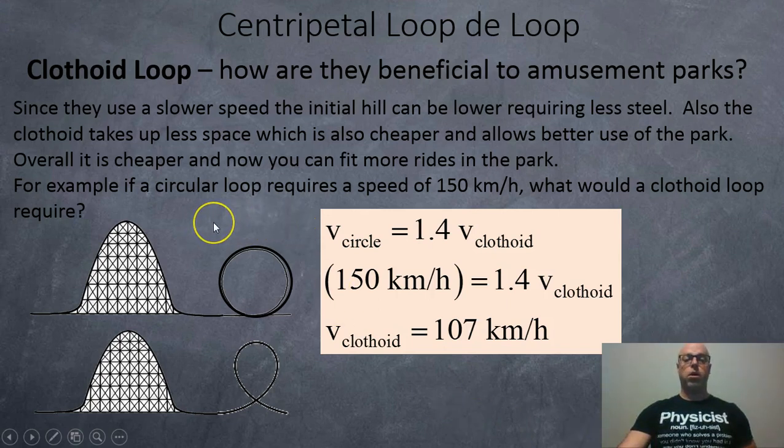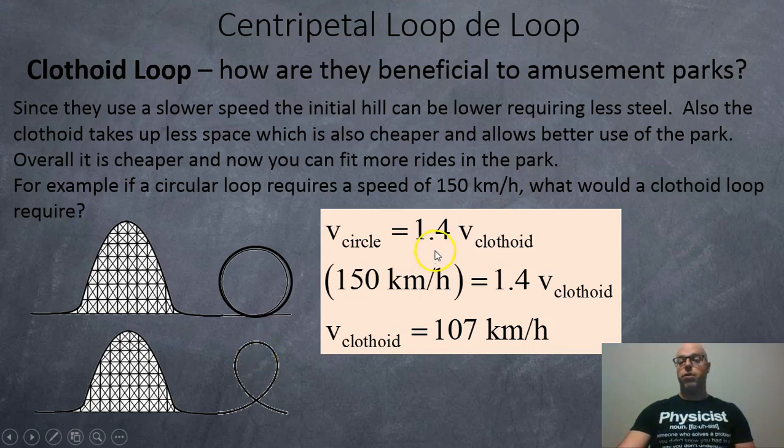Now, when it comes to roller coasters, there is another option besides the circle. You can use something called a clothoid. How are they beneficial to amusement parks? Well, clothoid loops function at a slower speed. So they can be the same height as a circular loop, but still manage to work at a slower speed. They're a little less wide, same height, and slower.